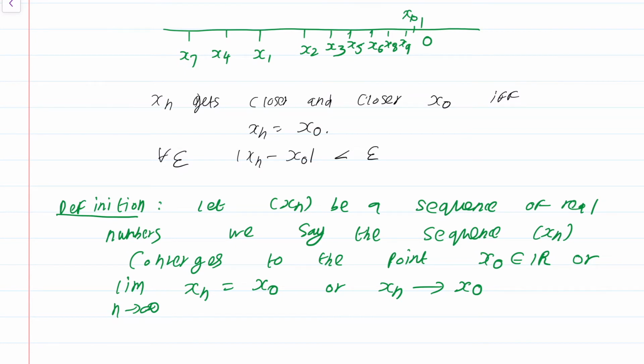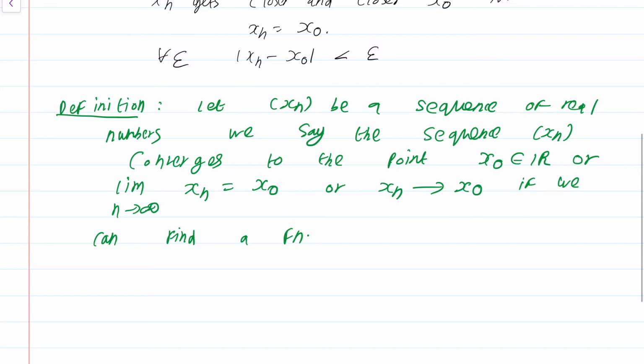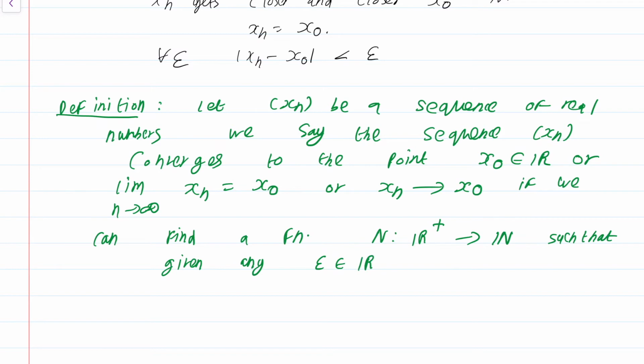Xn converges to x0 is just denoted by xn right arrow x0, if we can find a function N from R plus to the natural numbers, where R plus denotes the set of positive real numbers, such that given any epsilon in R plus, we have mod xn minus x0 is less than epsilon whenever n greater than N of epsilon.